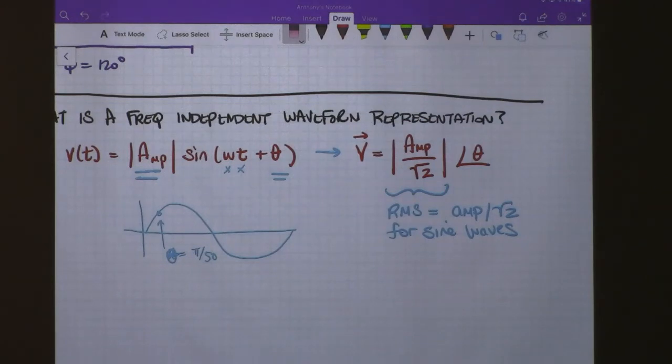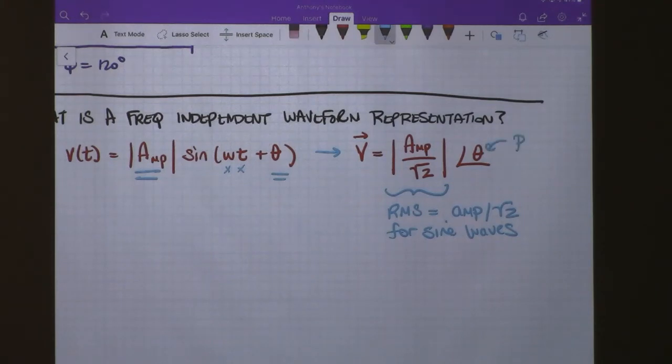Amplitude and magnitude are two different things, although they're related. Now RMS, I will talk a little bit more about what RMS actually means, root mean square. This shortcut, amplitude over square root of 2, only works for a sine wave. There's some shortcuts for other waves, but anyway.